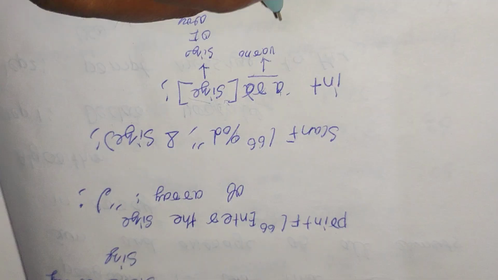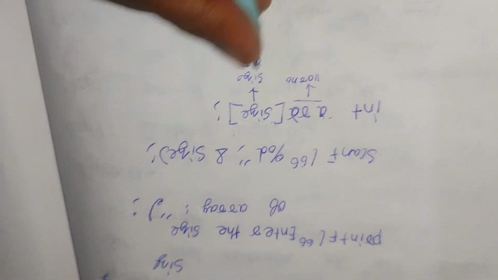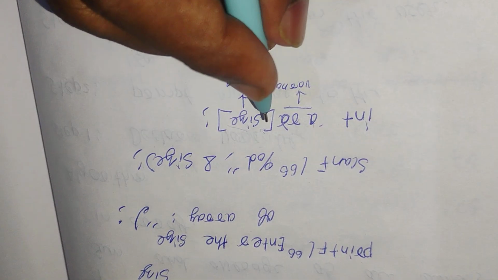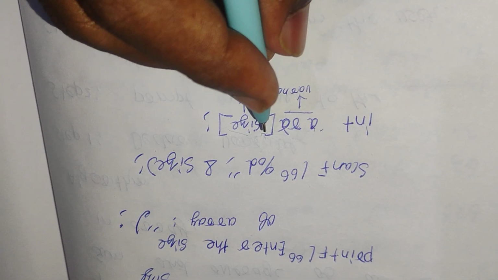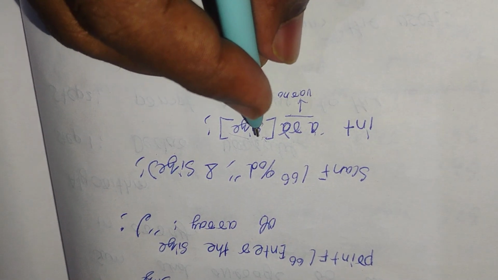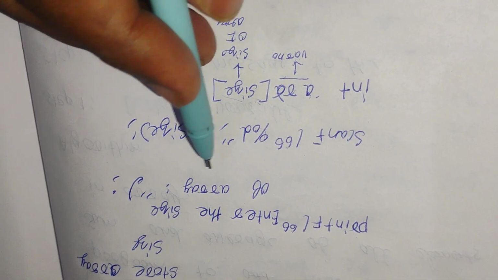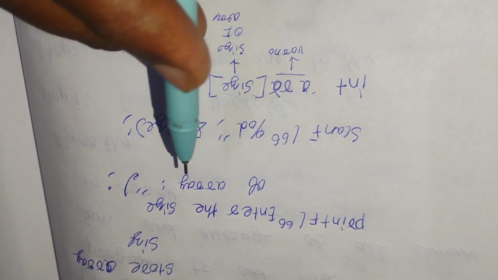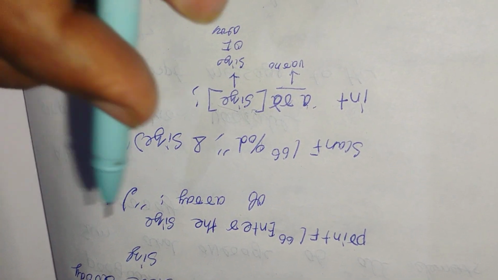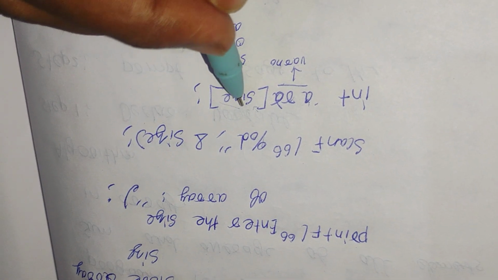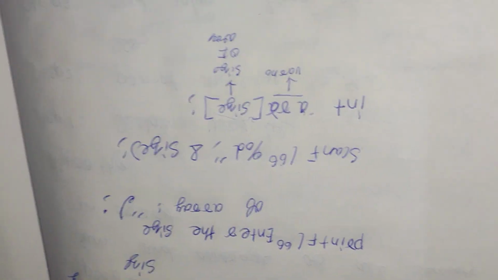Okay, let's focus on the program. So we successfully created an array variable. After creating the array variable, if the user enters the desired size of the array, it will automatically be assigned here.